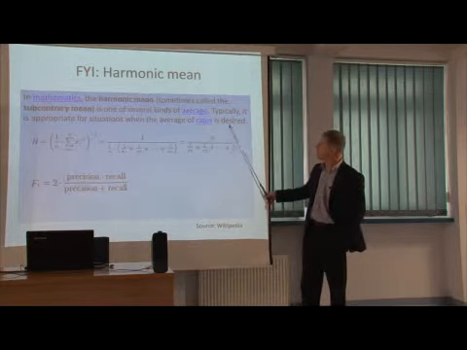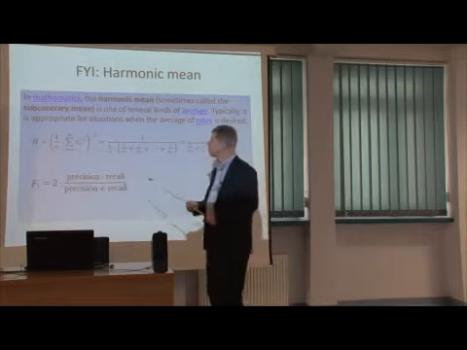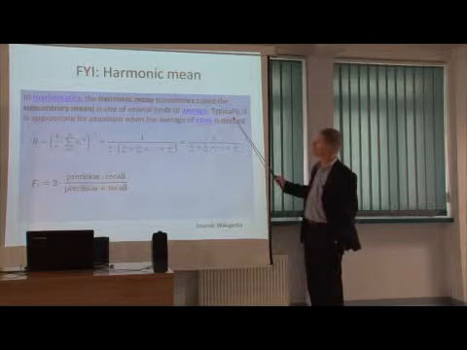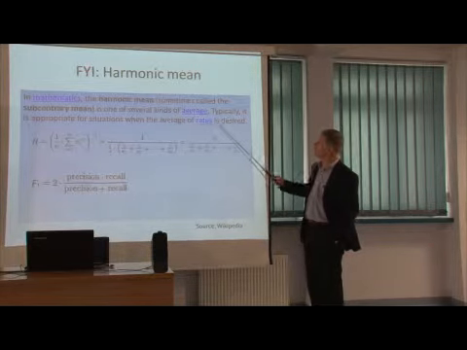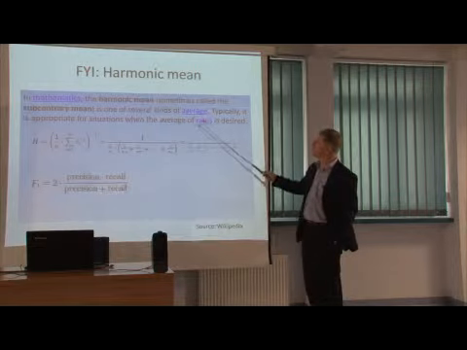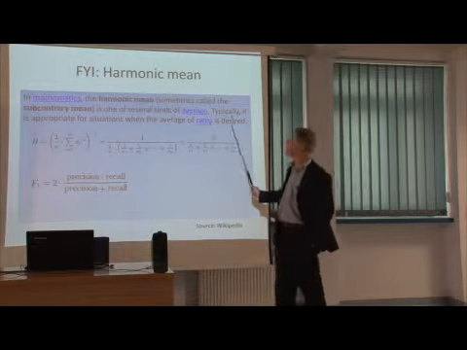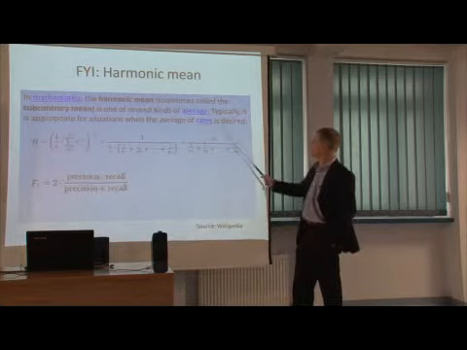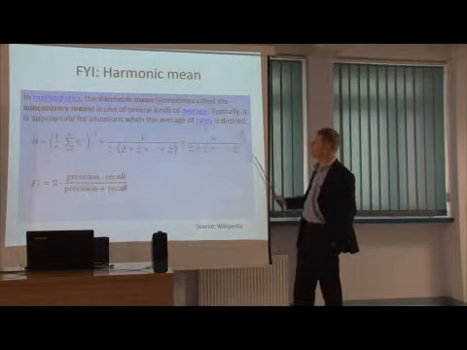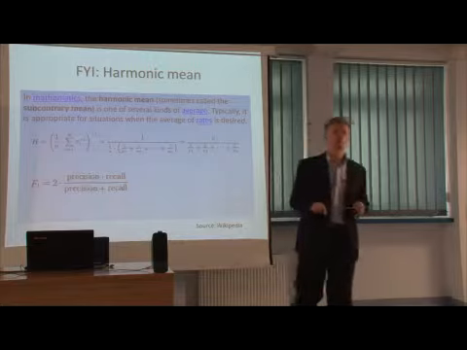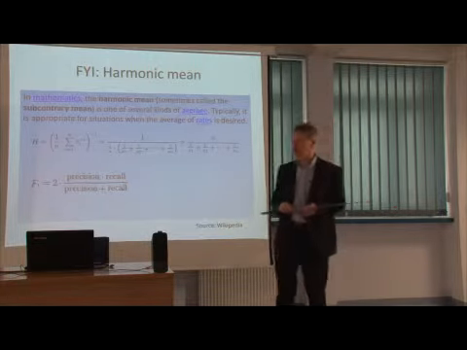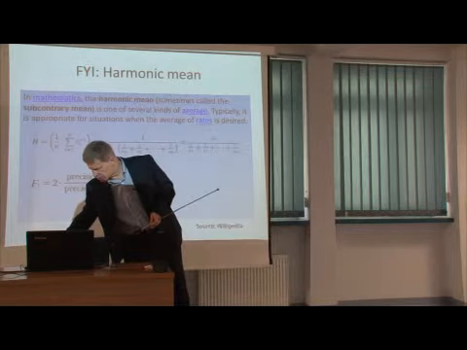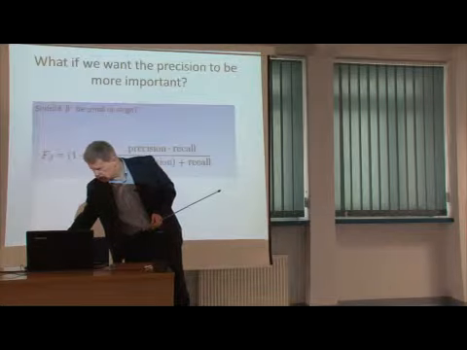So this is the mathematics behind it. What can be said here is that this is when we care about the change. These measures are appropriate for situations when the average of rates is desired. That is, we want to know how fast things change, what the dependence is between precision and recall. If we improve precision by 1%, what happens with the recall? How do we balance the two?